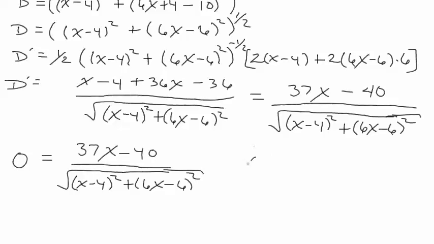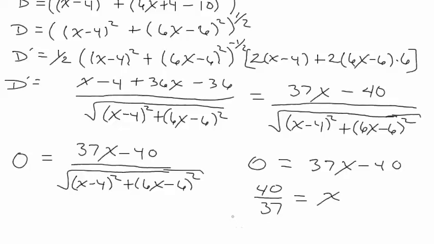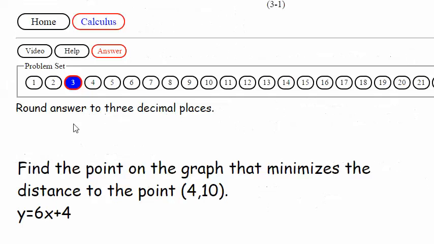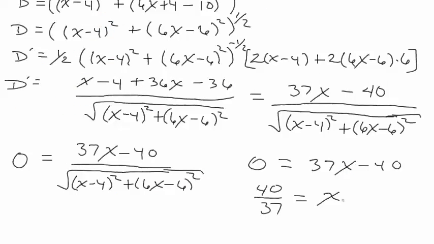So basically, we're taking the numerator here, 37x minus 40, finding that critical number. So we got 40 over 37 is equal to x. Now the question was, yeah, it says round to 3 decimal places.